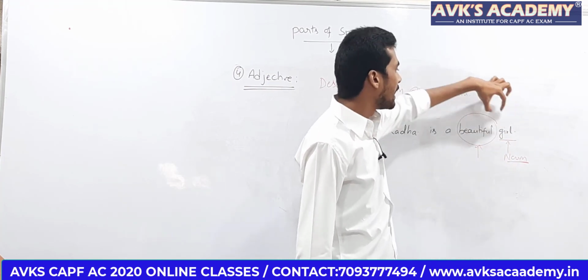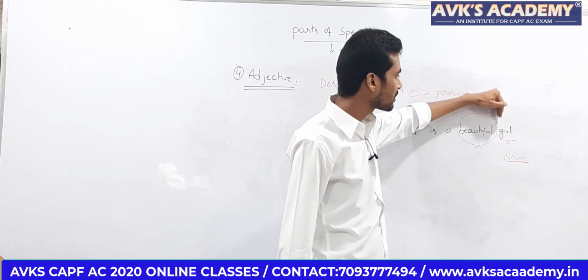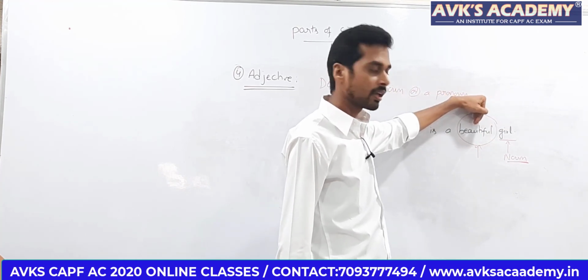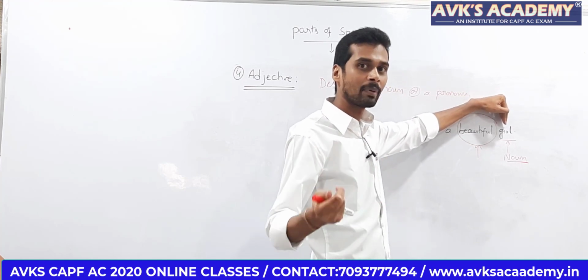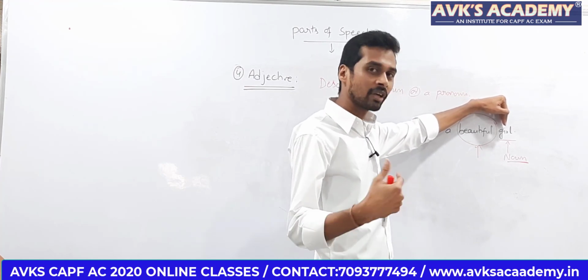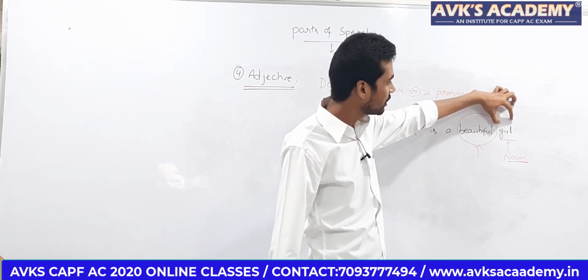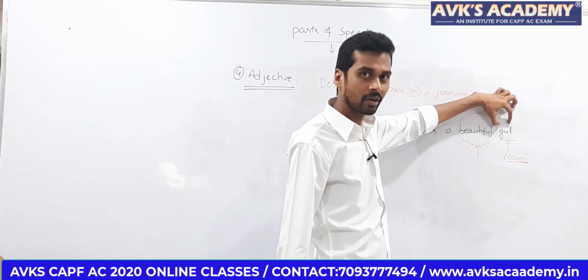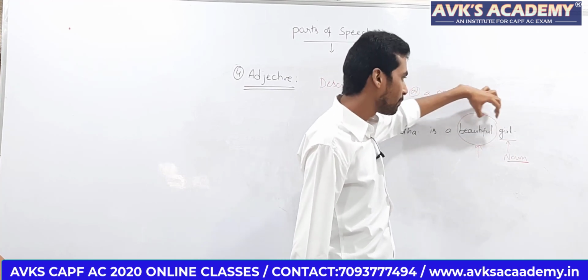So any word which describes the noun, that's why an adjective always comes before the noun. Of course, in other cases it comes after the helping verb, that's a different case. But anything which describes a noun, here the noun is girl. What does beautiful represent here?